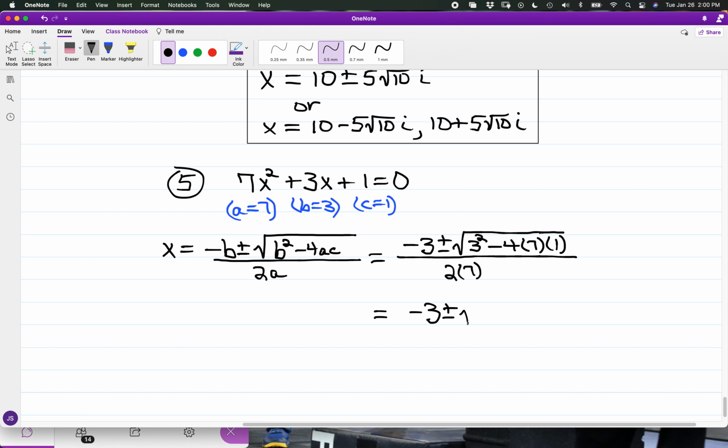Now for the activity inside the radical, b squared is 3 squared, which is 9. Minus 4ac, we have negative 4 times 7, which is negative 28. Negative 28 times 1 is minus 28. We have all over 2 times 7, which is 14.